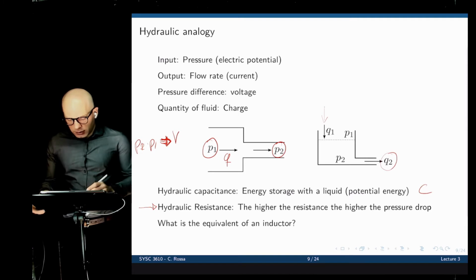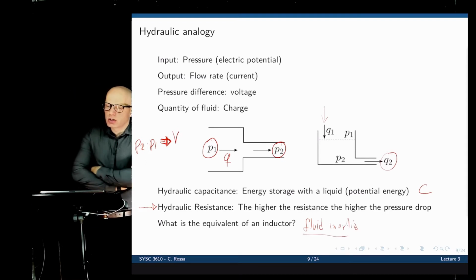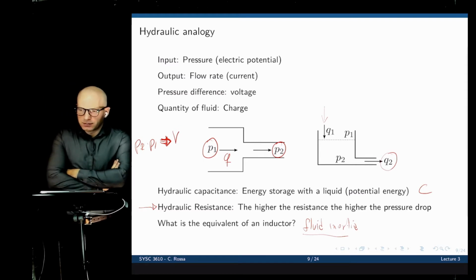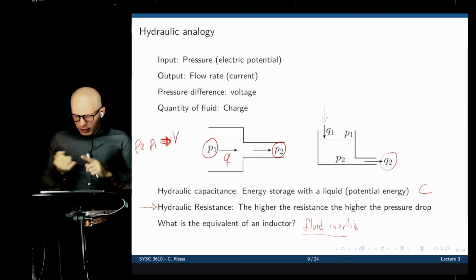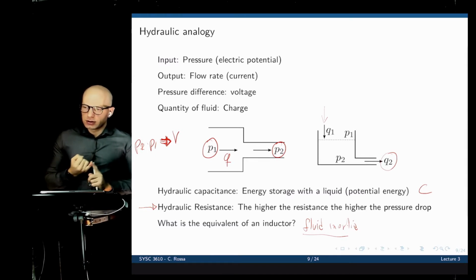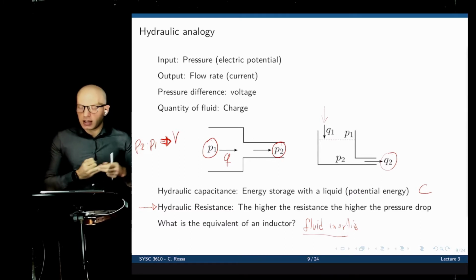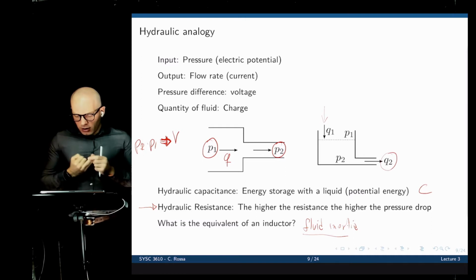The equivalent of an inductor would be the fluid inertia, which in the systems that we are going to use to describe is fairly negligible and we can neglect it. Right? So let's recap. Hydraulic resistance is equivalent to an electric resistance. Hydraulic capacitance, or a tank or a reservoir or something like that, is equivalent of a capacitor.